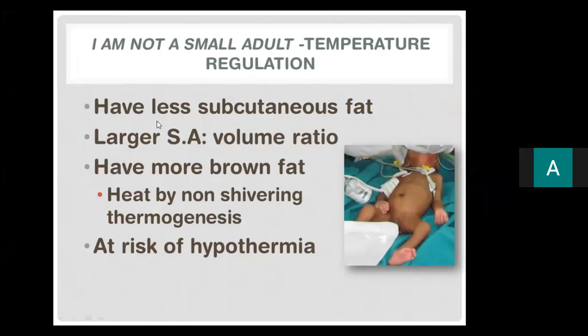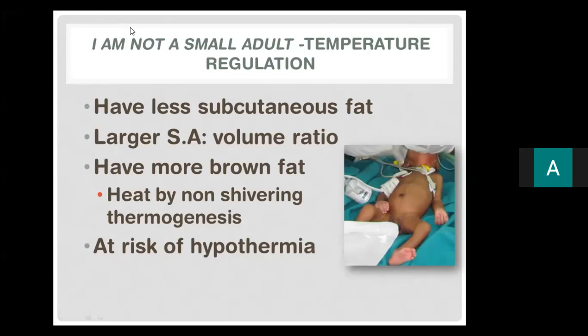Okay. And so they'll still have risk of hypothermia. And then their larger surface area to volume ratio, and yet you have a poor skin with less subcutaneous fat, which is quite porous.